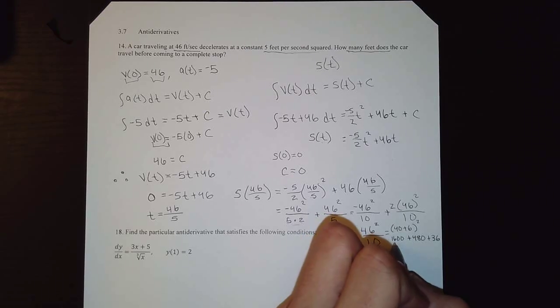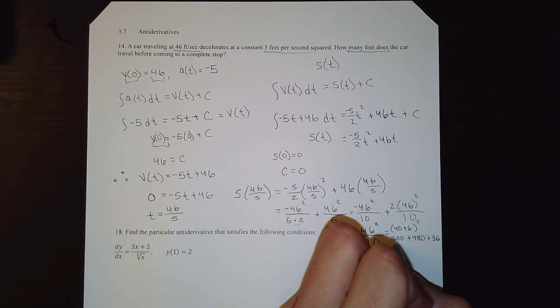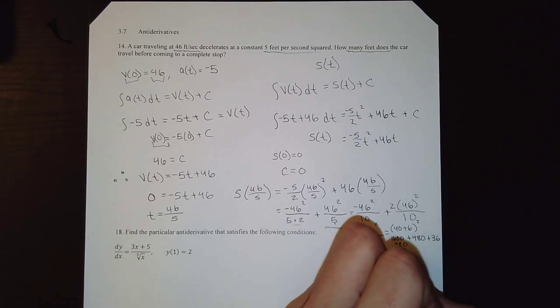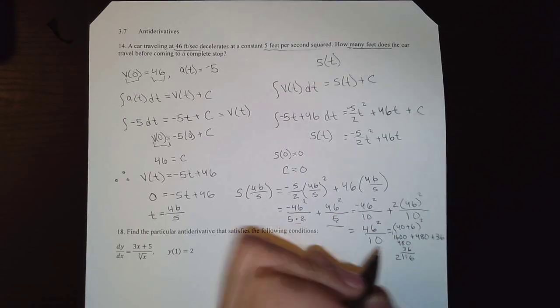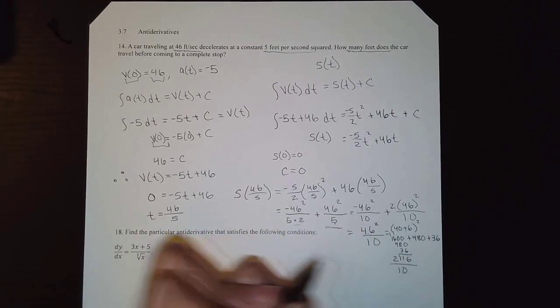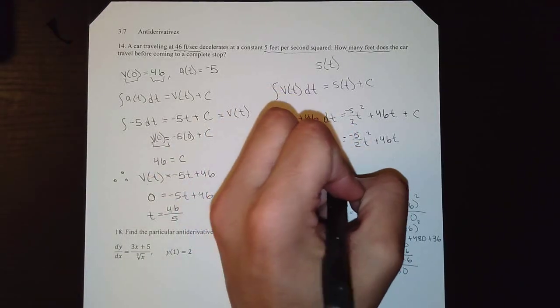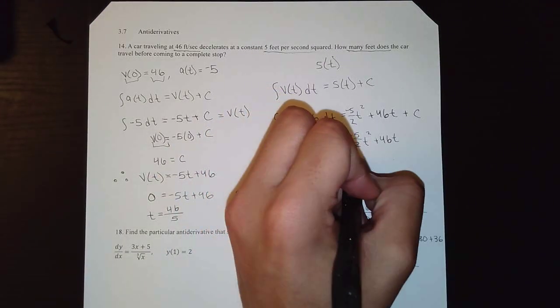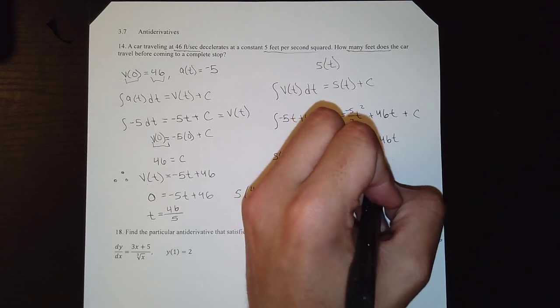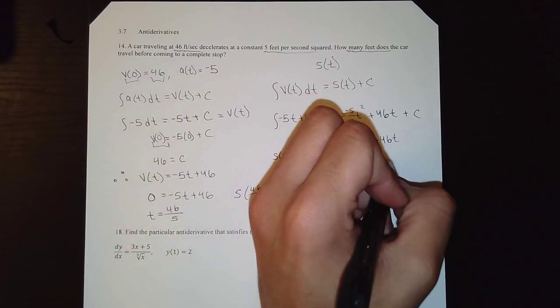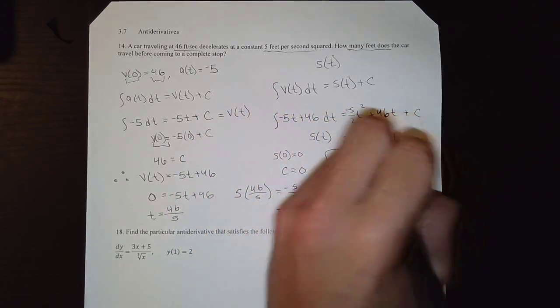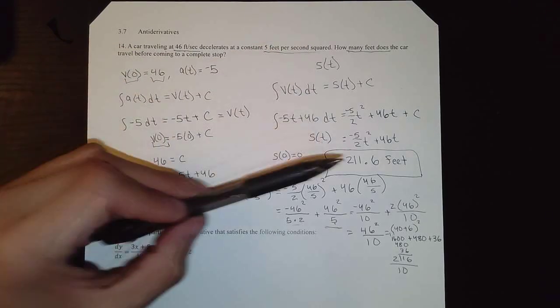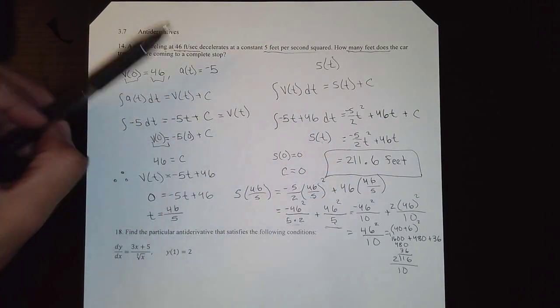And so that would be 2116 all over 10, or about 211.6 feet. So this is our final answer. The car will travel 211.6 feet before coming to a complete stop.